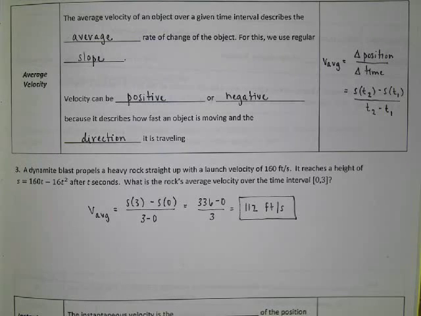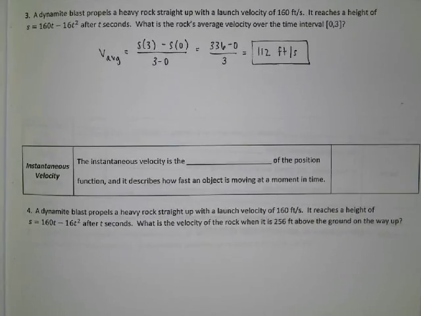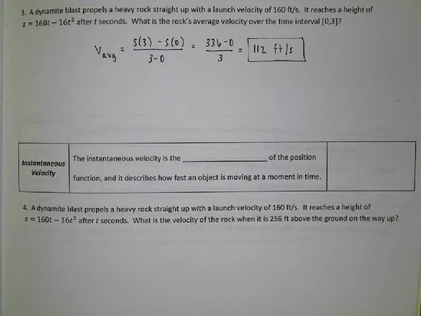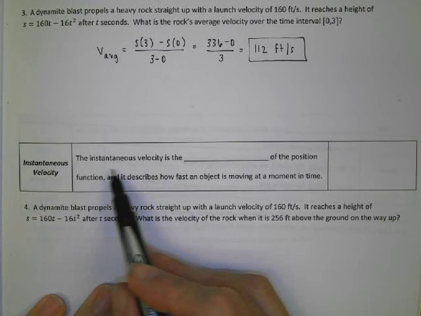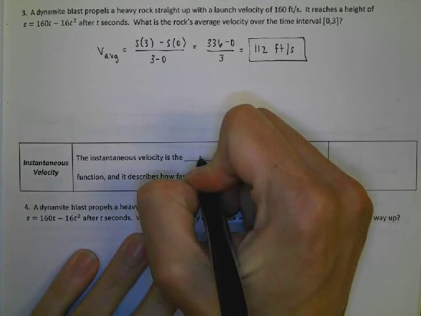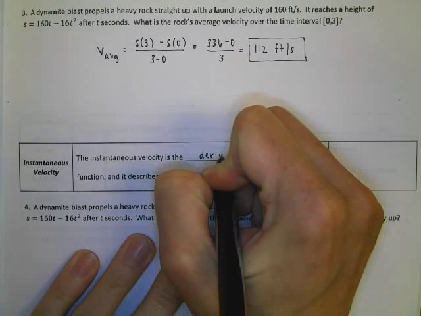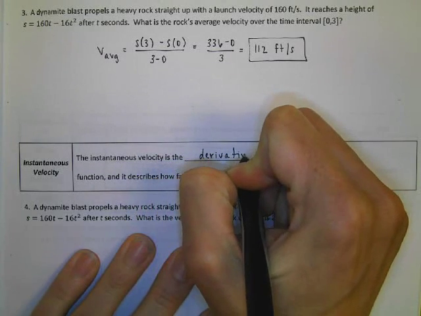So now we're going to move on from the average velocity to the instantaneous velocity. And hopefully by now that word instantaneous is making us think of instantaneous rate of change, which we know already is just the derivative. So the instantaneous velocity is the derivative of the position function.